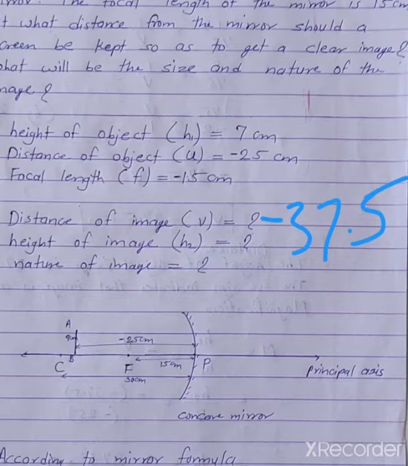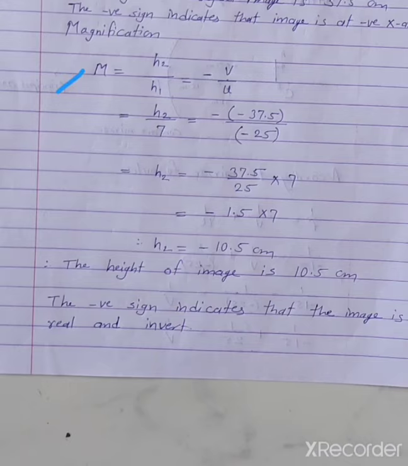Now we know the value of h1, u and v. So by using the magnification formula, we can find out the height of image. So this is the magnification formula. M is equal to h2 upon h1, that is the height of image upon height of object, is equal to minus distance of image divided by distance of object. So this is the substitution. This minus and minus symbol will get cancelled.